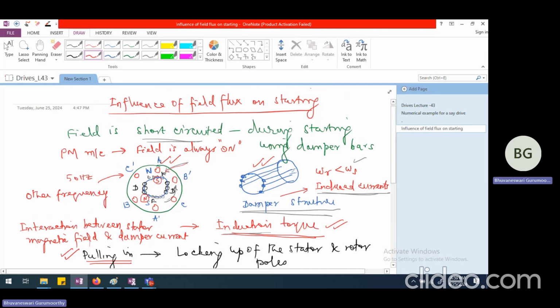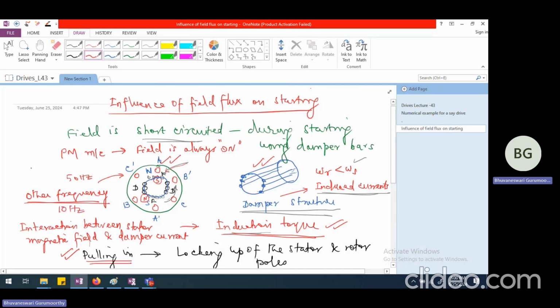So if the speed is, let us say, instead of 1500 RPM, right now it is starting, so it is only 100 RPM or 200 RPM. We will have other frequency currents which correspond to 100 or 200 RPM. If it is 300 RPM, the frequency of the current will be 10 hertz.